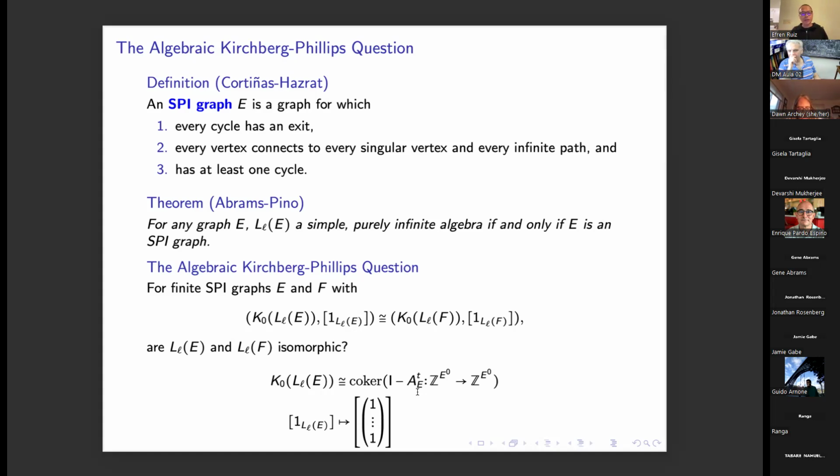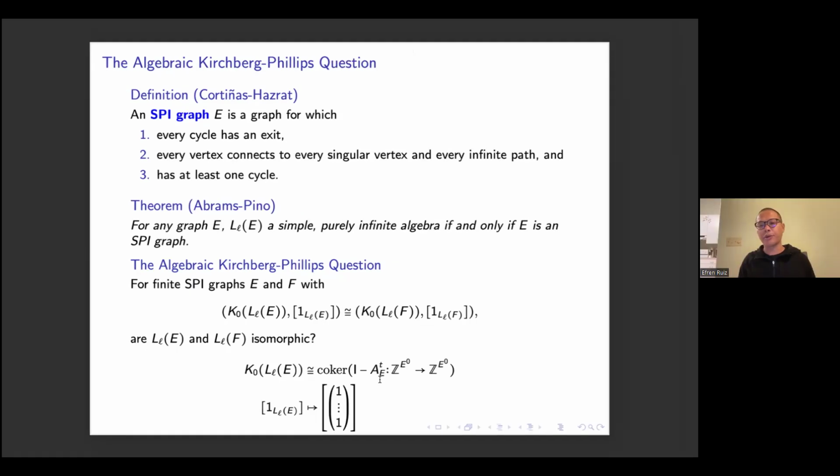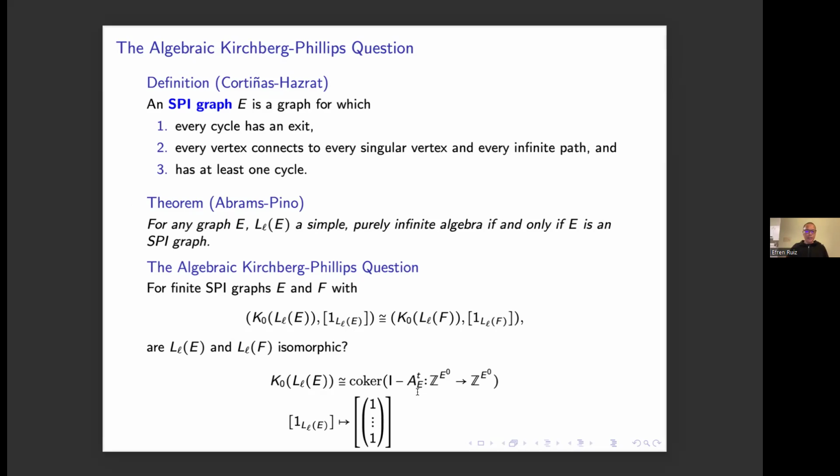This question arises as the algebraic model of where we have classification for graph C-star algebras, or in particular Cuntz-Splice algebras. This is where the name comes from with Kirchberg-Phillips, because Kirchberg and Phillips proved that for simple, purely infinite C-star algebras you have a complete classification.